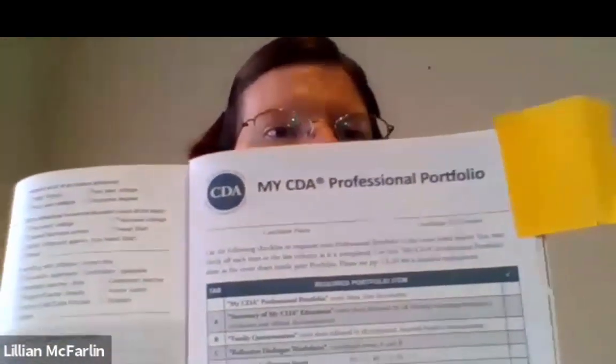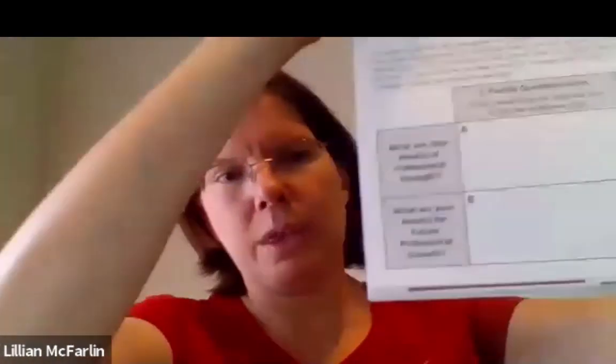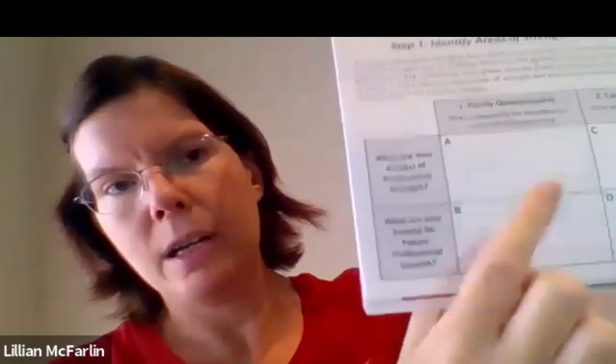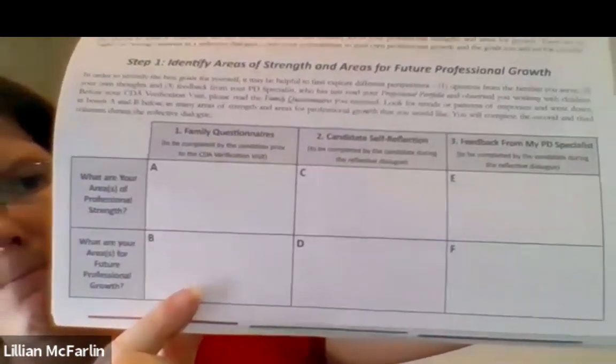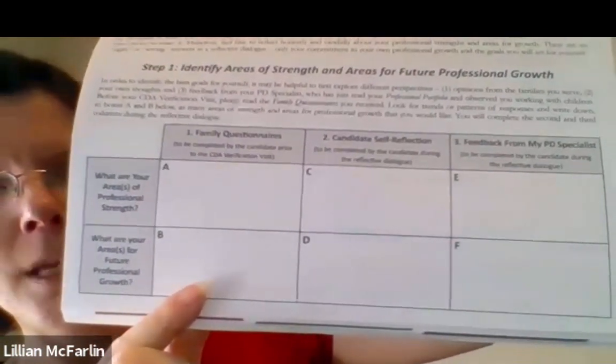All right, on my professional portfolio checklist, the next part is your reflective dialogue worksheet, which is the page right after your family questionnaire summary sheet. You're going to have that with only A and B filled out, and that is information you're pulling directly from your family questionnaire summary sheet. Okay. Does anybody have a question about this document?